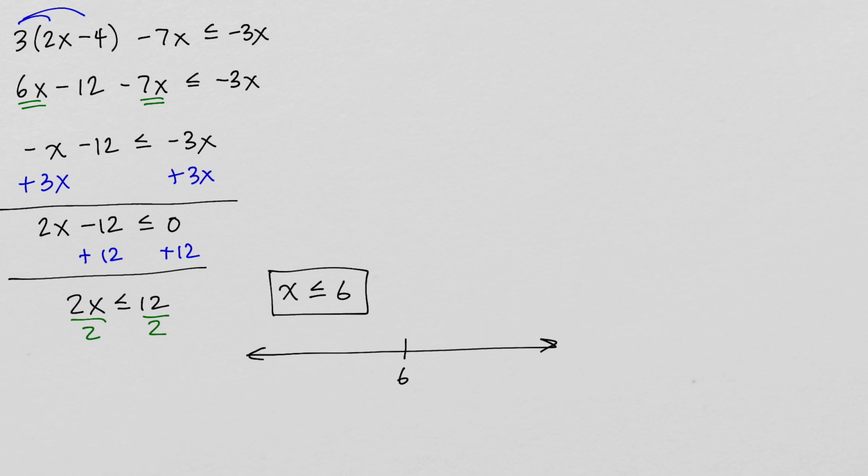So here is the number 6. We want all the x's that are less than 6 or equal to 6. So again, since we're going forever to the left here, that's negative infinity. And so in interval notation, we are starting at negative infinity and going up to positive 6, including positive 6.